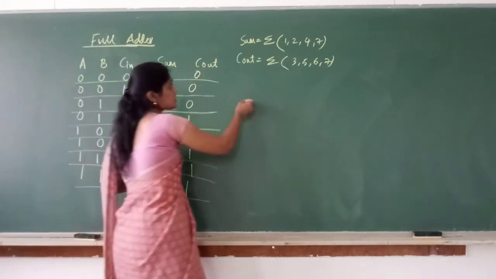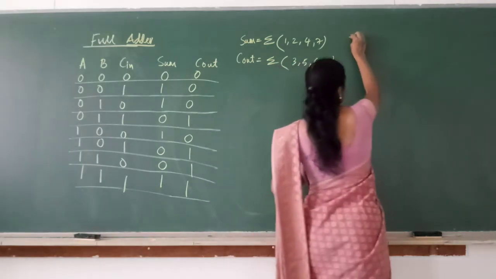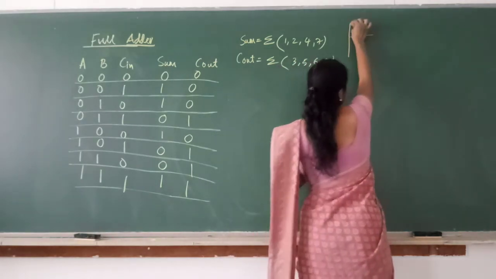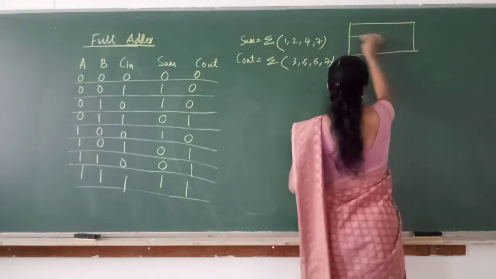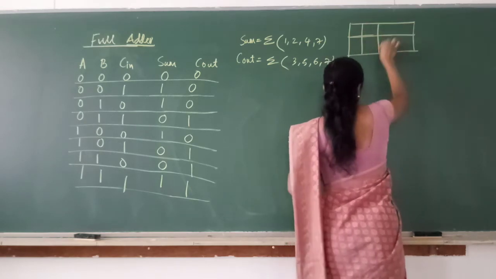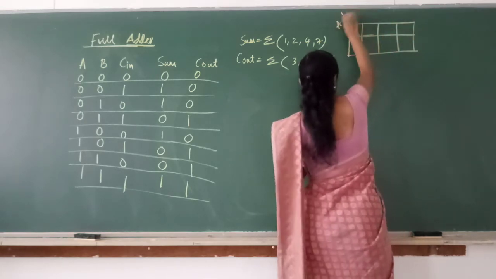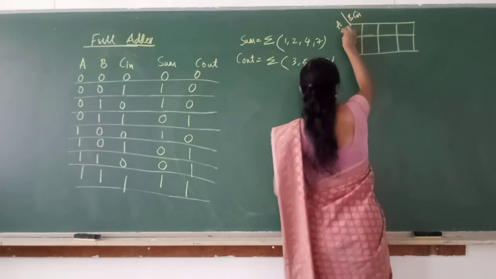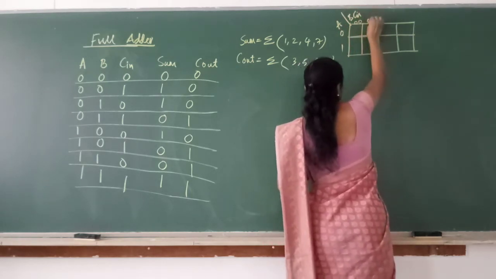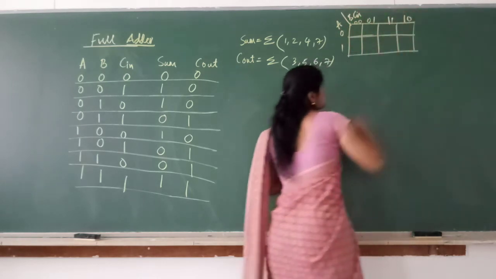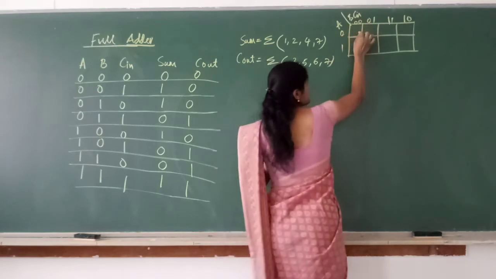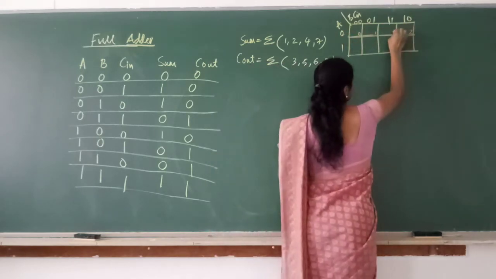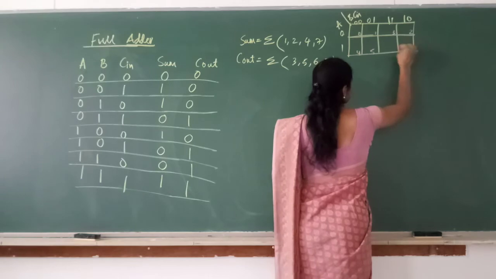If I use a K-map for sum, how many variable K-map is it? It is a 3 variable K-map, because we have only 3 variables A, B, C in. Cells numbered 0 to 7.